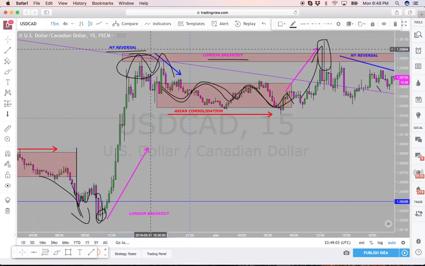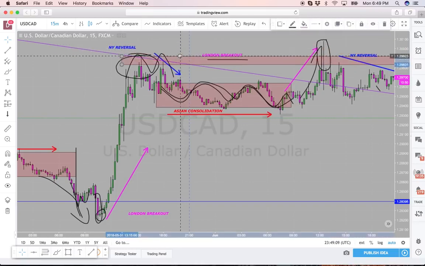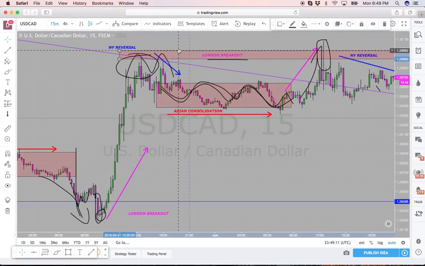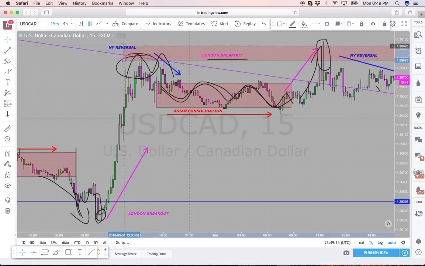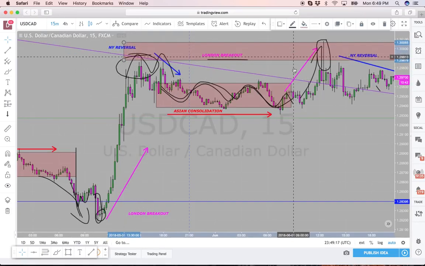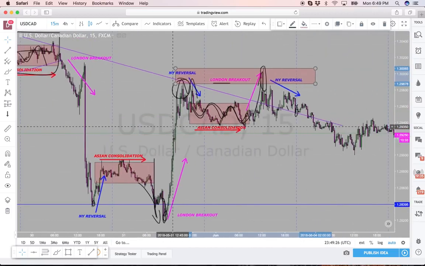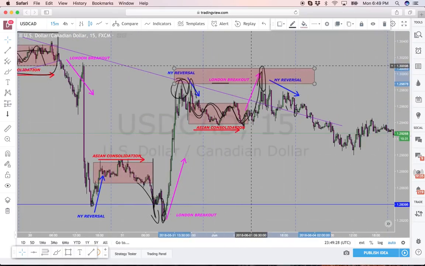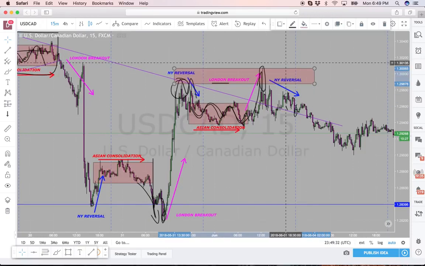So the high of the previous day is this red zone right here. There's going to be loads of liquidity at the high of this previous day. Why is that? Because retail traders believe that a characteristic of an uptrending market is the trend making higher highs and higher lows.